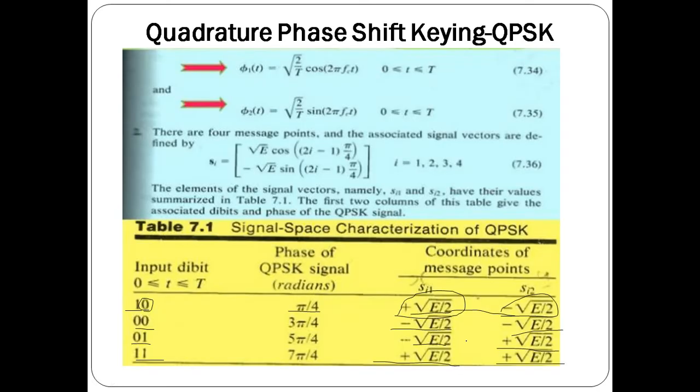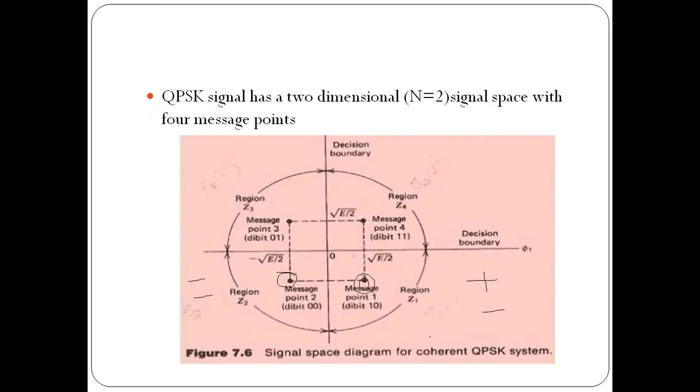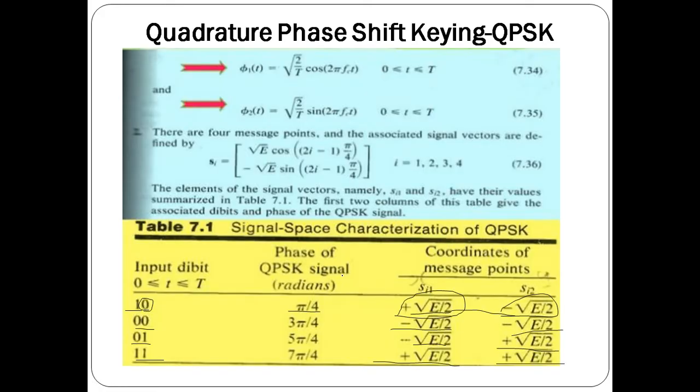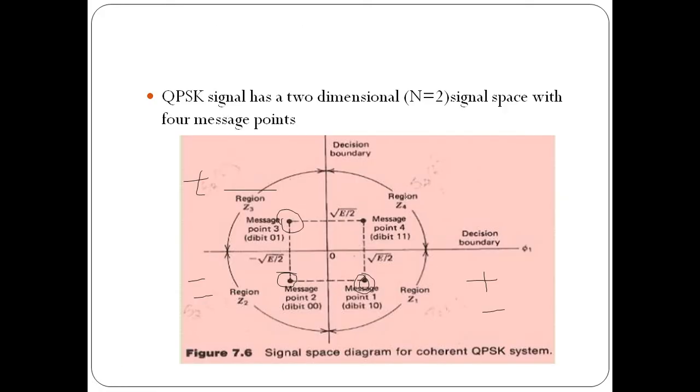Next, the message point is minus plus, which comes in the second quadrant. Plus minus is the Z3 region. The remaining last one is plus plus, which is the first quadrant. That region I am calling Z4, or message point 4.